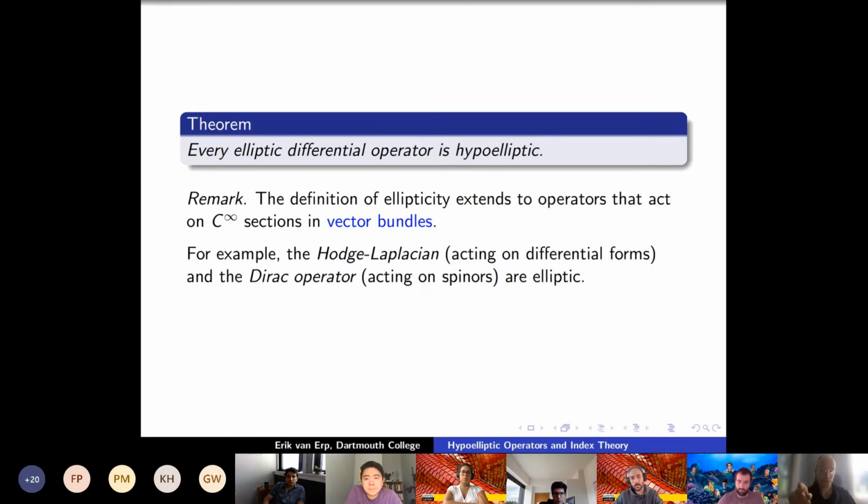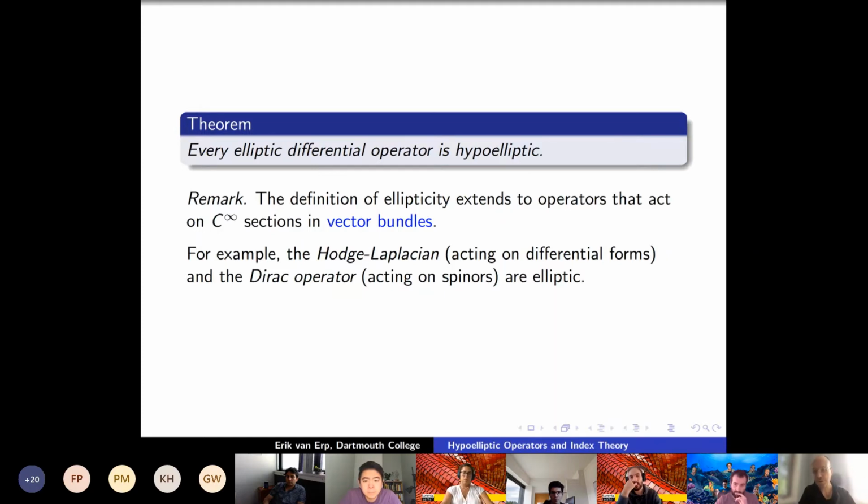You do exactly the same things I discussed. You replace a derivative by multiplication with Xi, and then your operator in local coordinates will look like a matrix of operators. So when you replace d/dx by Xi, what you get is a matrix-valued function, a polynomial in Xi with values in matrices, and those matrices have to be invertible.